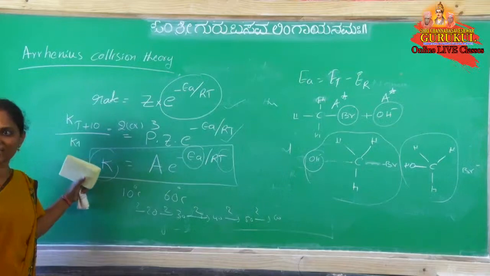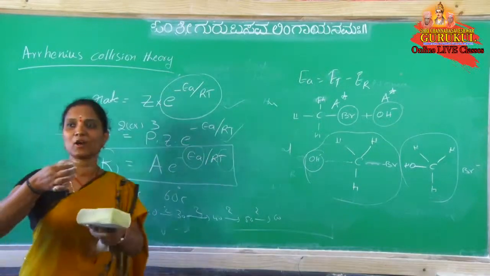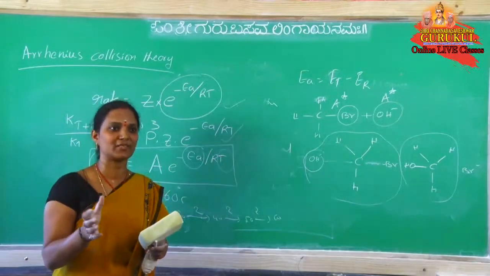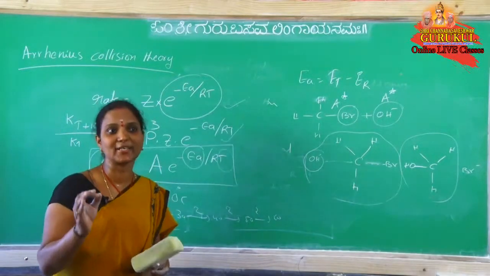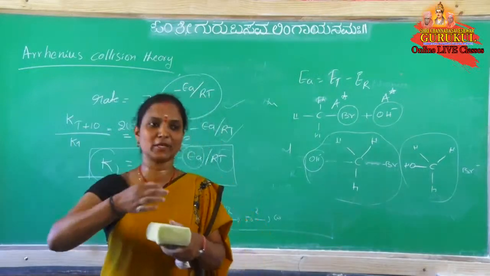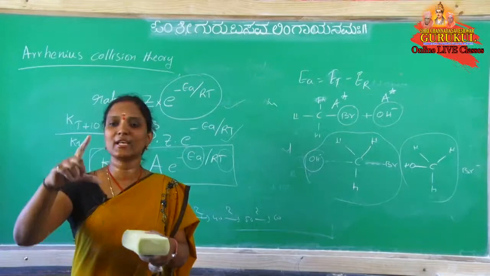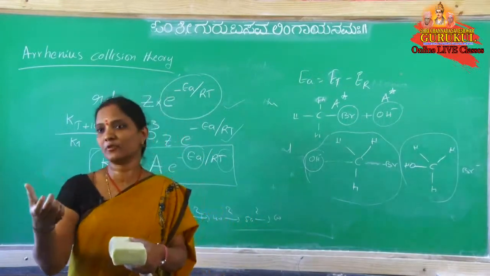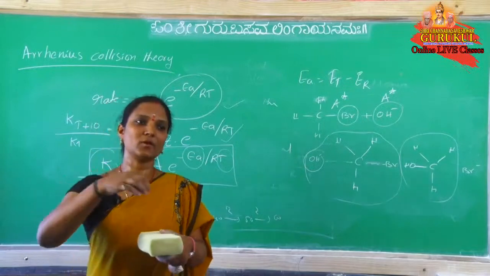So in that oxalic acid reaction, what happened? First, 10 ml oxalic acid is pipetted out into one conical flask. Remember this experiment, volumetric analysis, titration. Then add 10 ml, one full test tube, of concentrated sulfuric acid.